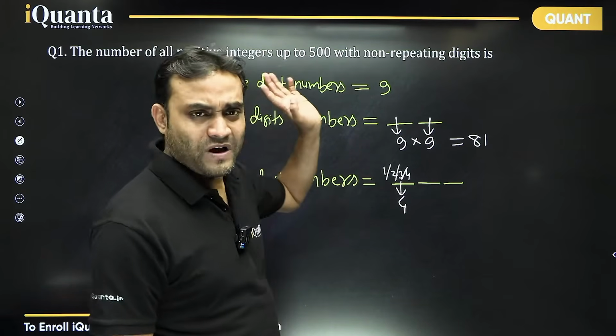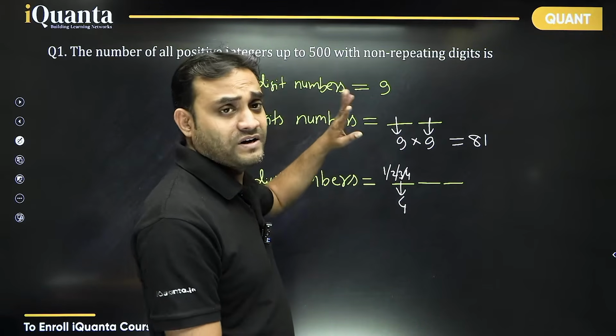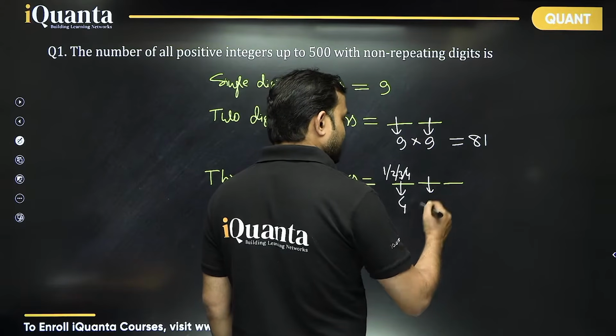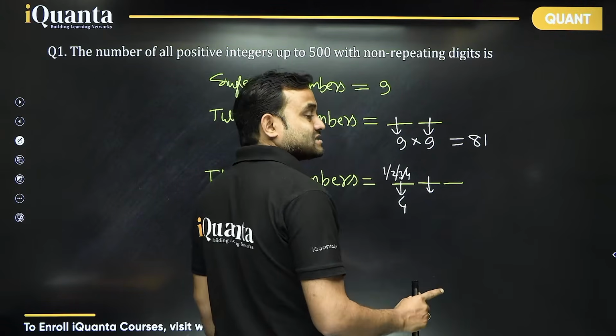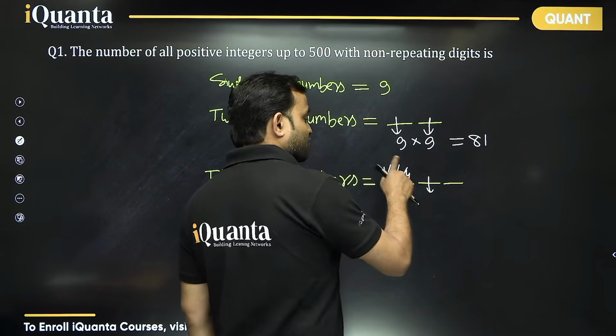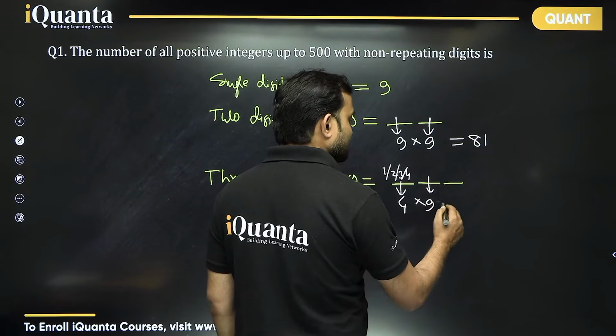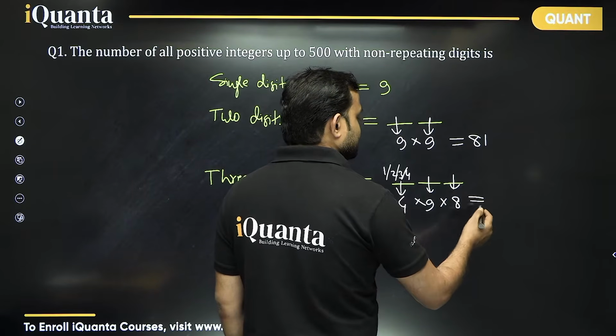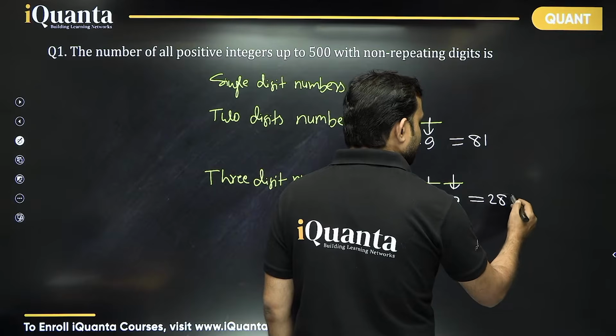We can avoid 500, using 5 here, because 500 has 2 zeros. Then at the second place, out of all the 10 digits, we can exclude this 1 digit, so 9 different ways. And here we can use the remaining 8 digits. 72 into 4 is 288.